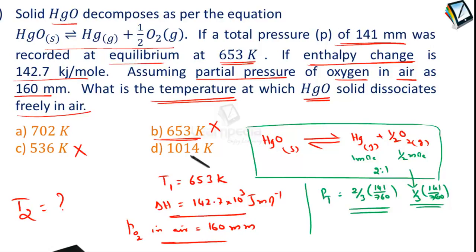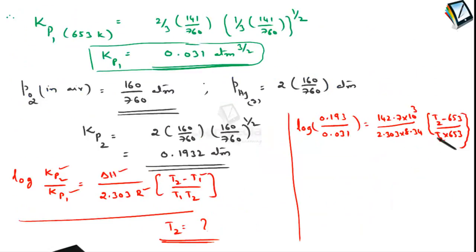And 702, 1014. So D is double this. So take one of the values, say 702 Kelvin from option A. Let us substitute in this and verify whether you get this ratio or not. That is the better way of cross-checking the answer. So if we substitute 702 in that and cross-check, we get this ratio of 0.193 by 0.031 nearly comes out to be 6.23.